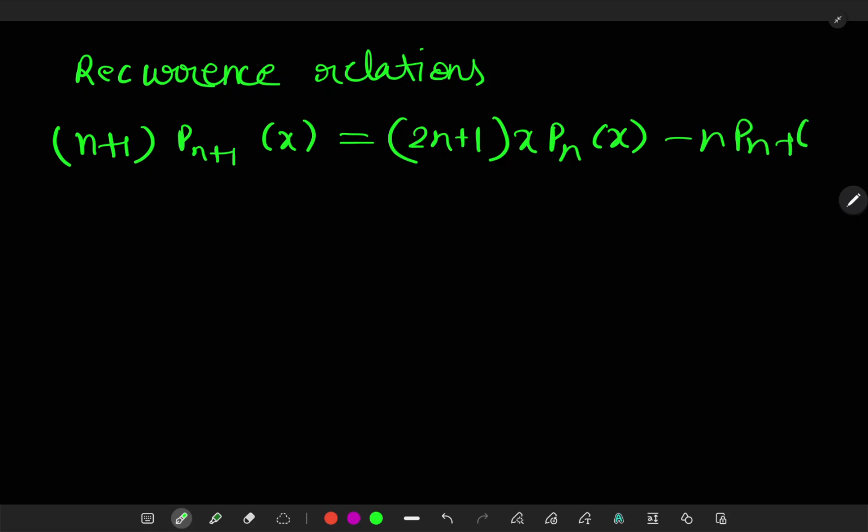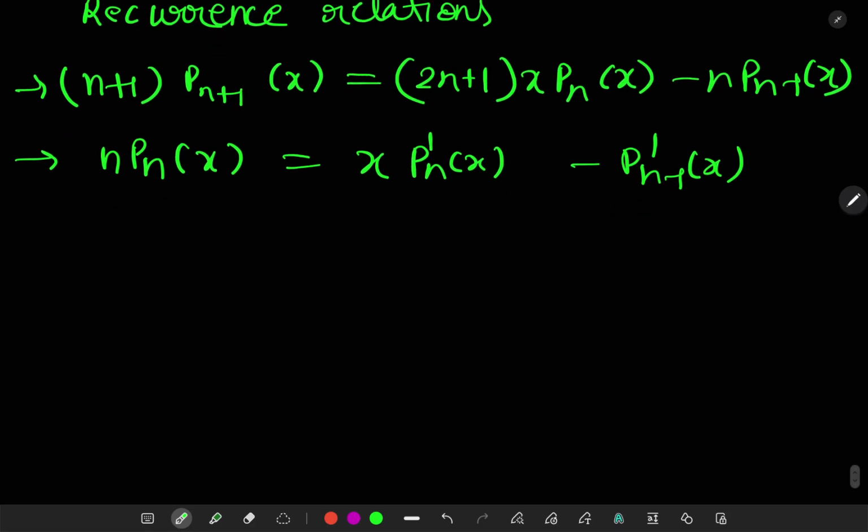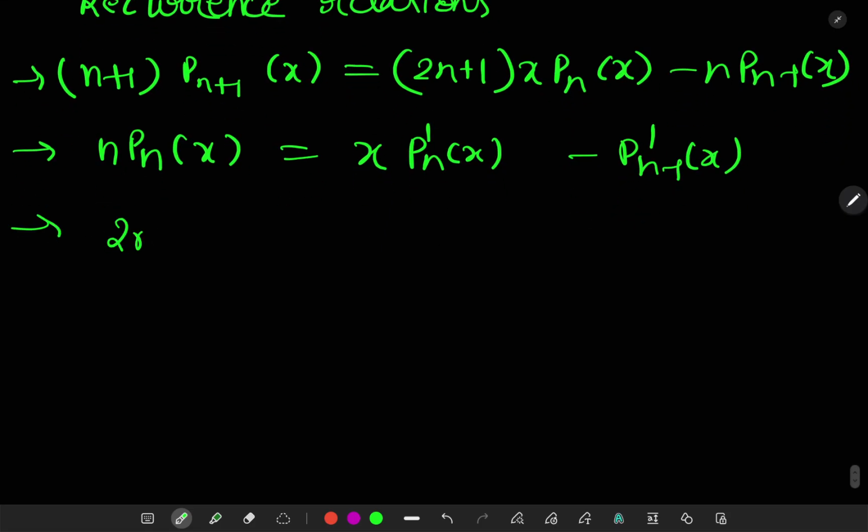This is the first recurrence relation, and this is the second. n Pn x is equal to x P dash n x minus P dash n minus 1 x, and this is another relation.